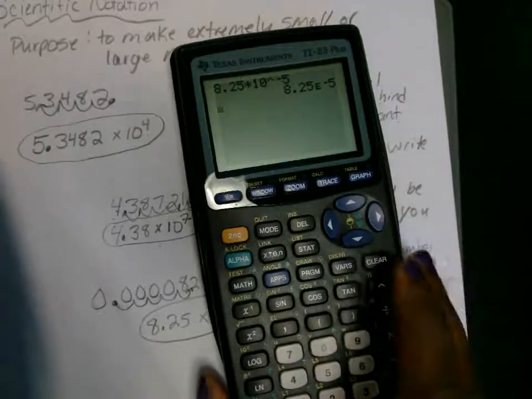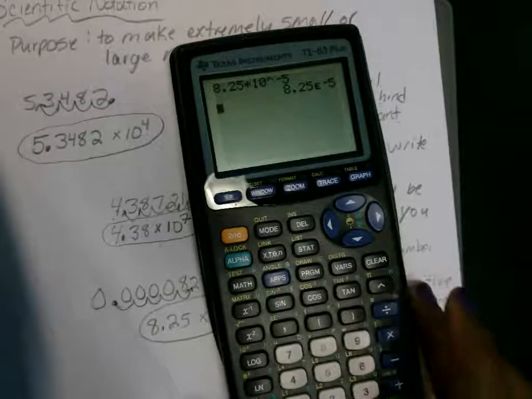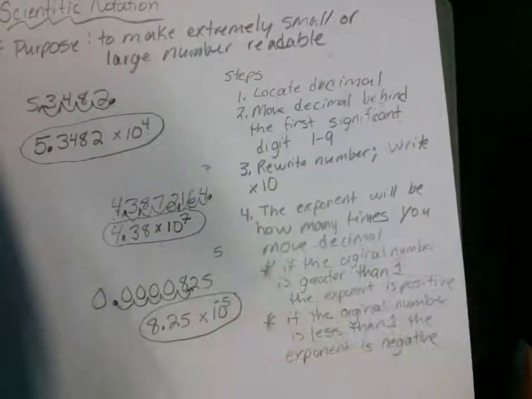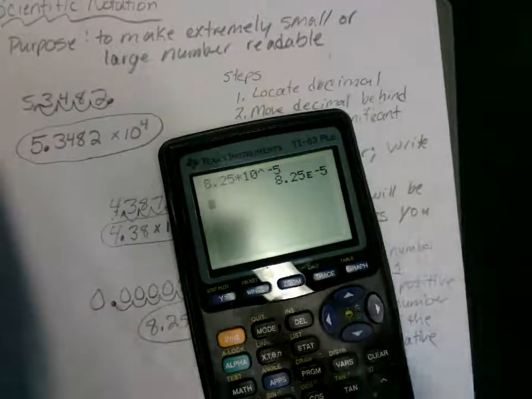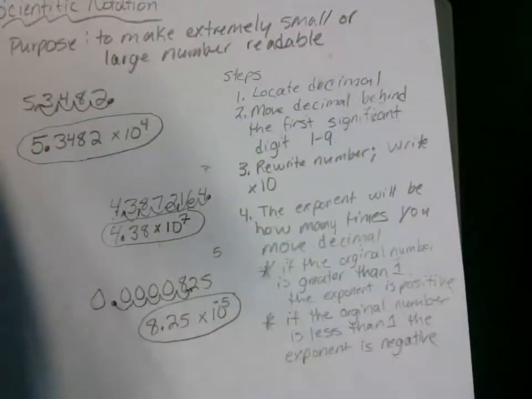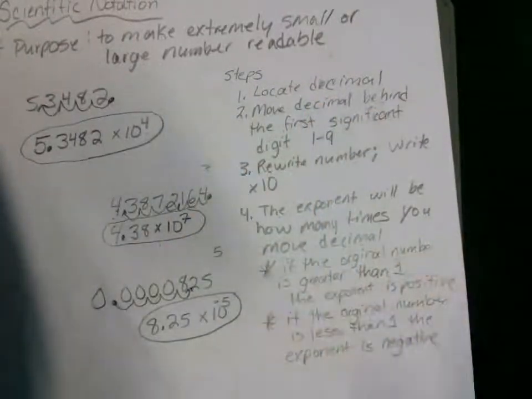The calculator's giving it to me in scientific notation. So I got to choose a number that's not as small. This is a very small number. So automatically the calculator is going to write it in scientific notation because it's very small anyway. Okay. So that wasn't the best example to show. Because these numbers are kind of small and some are kind of big. It's okay. It's all good.